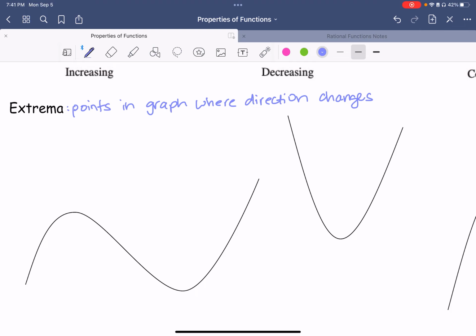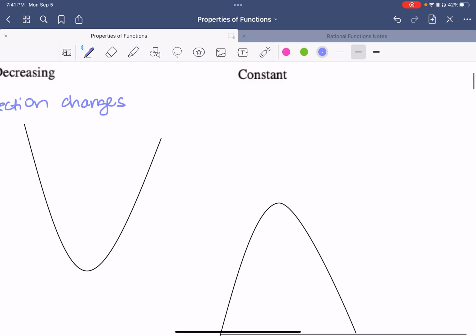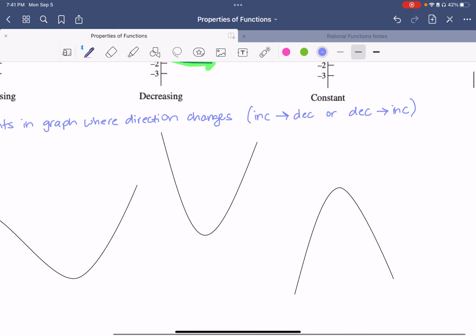Okay, and that has to be either from increasing to decreasing or decreasing to increasing. So it has to be one of those two. I'm going to abbreviate increasing with INC and decreasing with DEC. Okay, so it has to happen when it's changing directions from increasing to decreasing or decreasing to increasing.